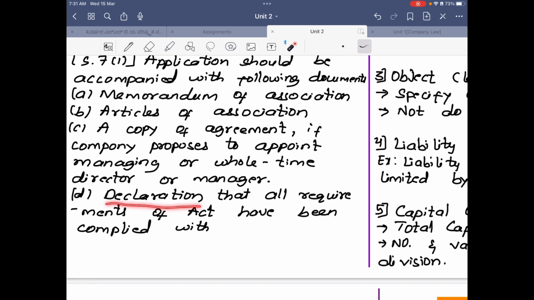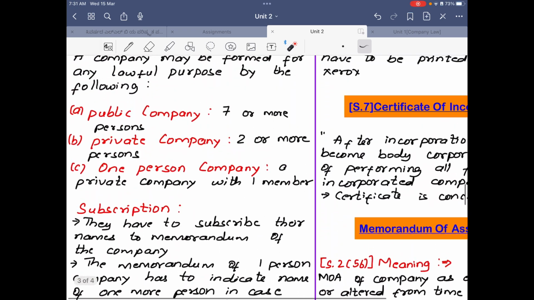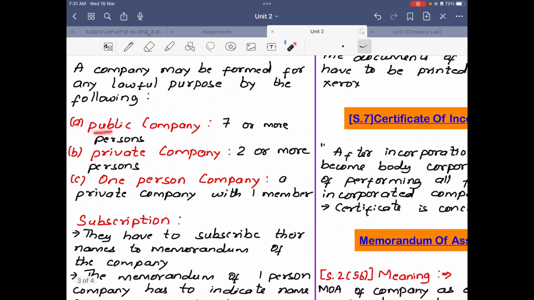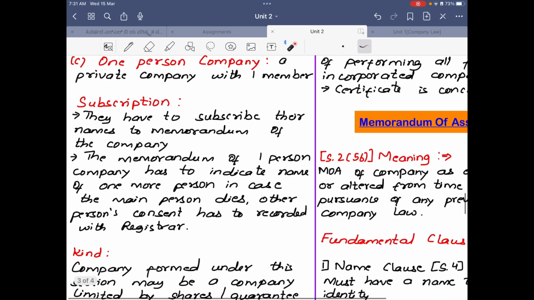The next is a declaration that all requirements of the Act have been complied with, by all the members. So for incorporation, we first need members: for a public company 7, private 2, and a one-person company 1 member only. Then they subscribe their names to the memorandum of association.